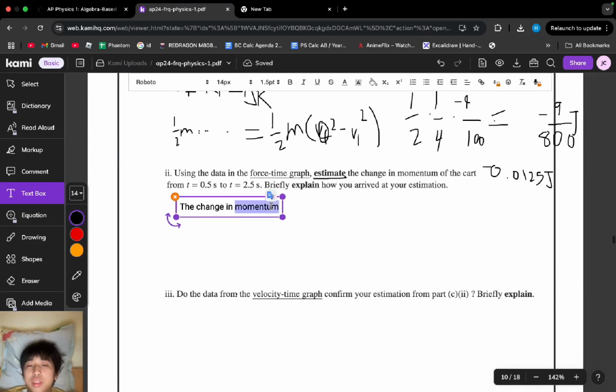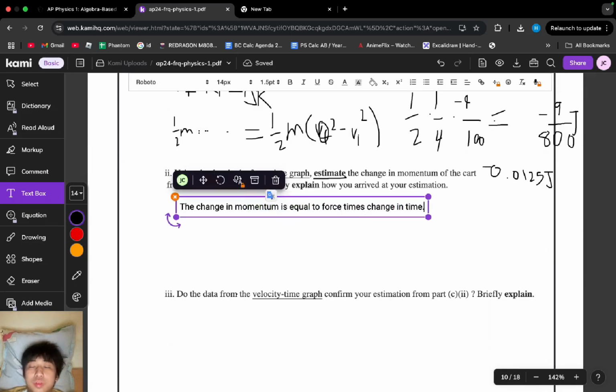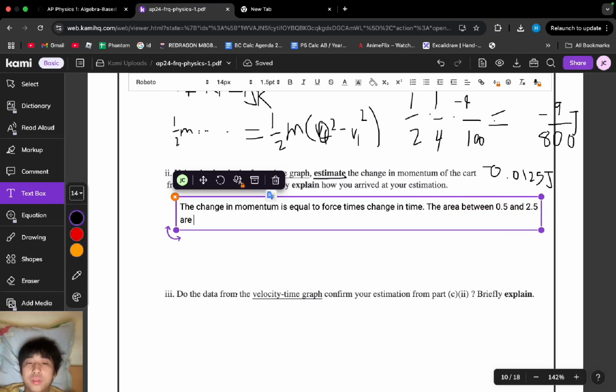The areas between 0.5 and 2.5 are roughly equal but opposite in direction.